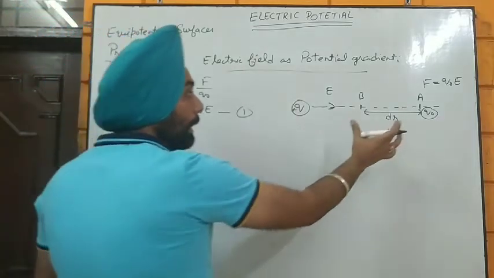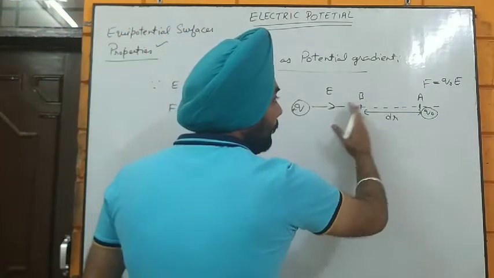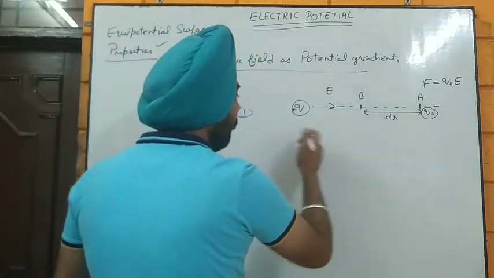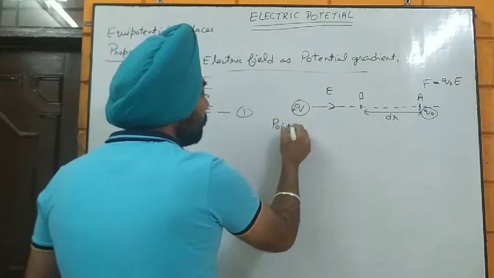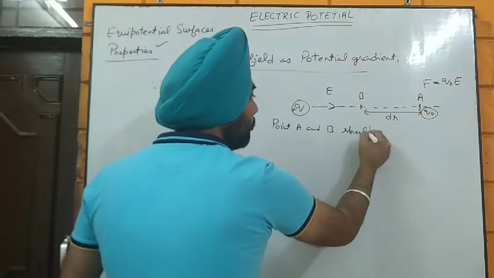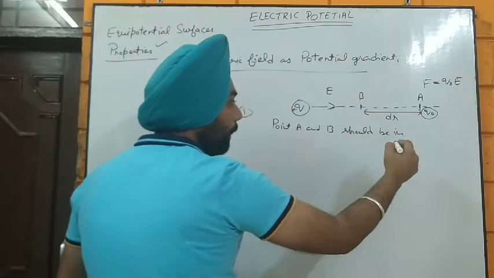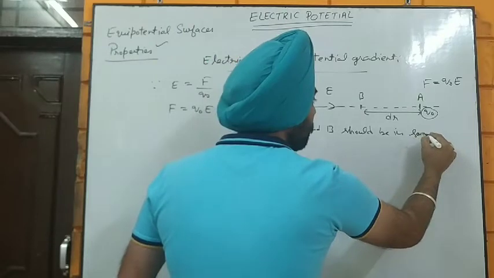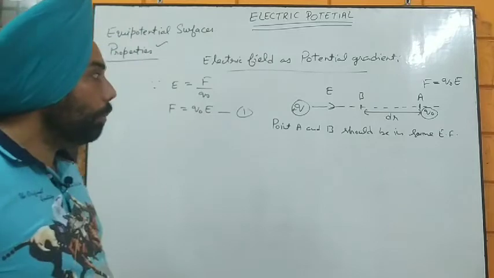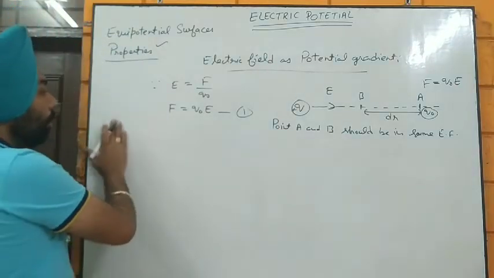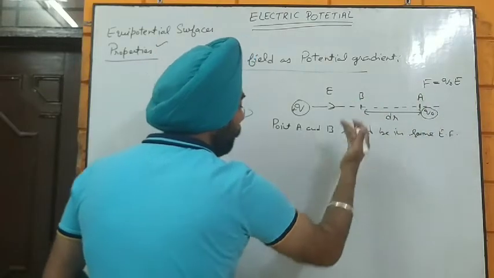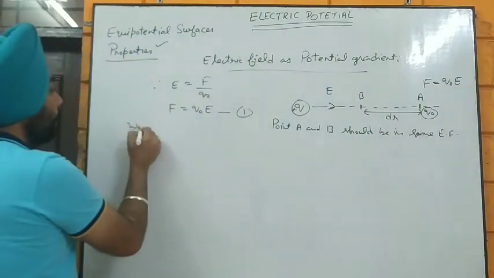The two points A and B should be so close that they are in the same electric field, experiencing the same electric field. Now, what is going to be the work done in bringing a test charge from A to B?